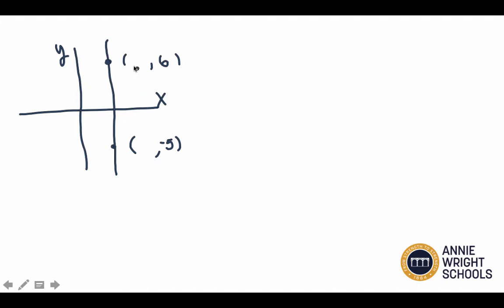But the x-coordinates would be the same, so this would be 3 and this would be 3. So if we go through the definition of slope, 6 minus negative 5 over 3 minus 3, we now get positive 11 over 0.